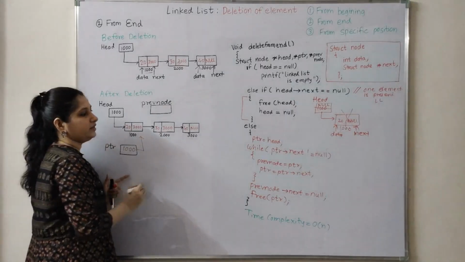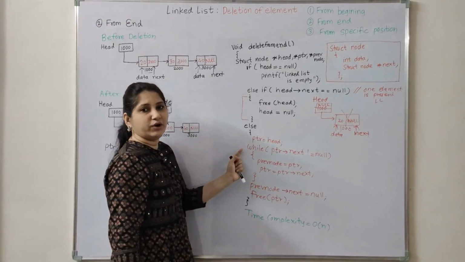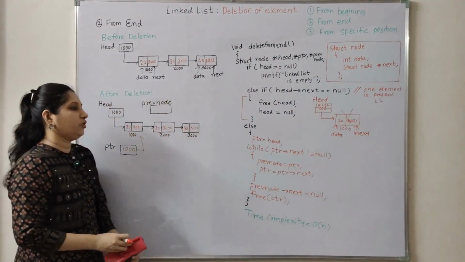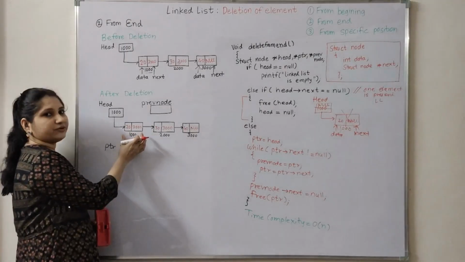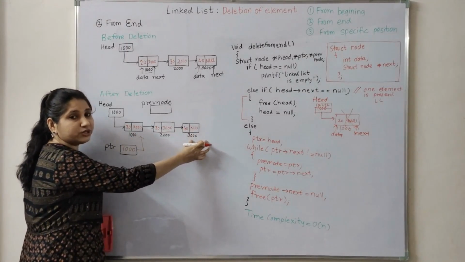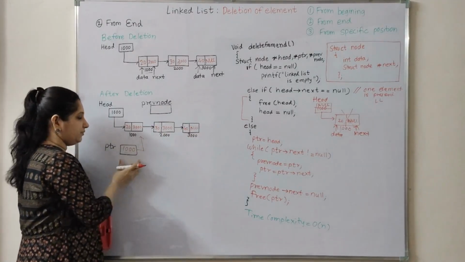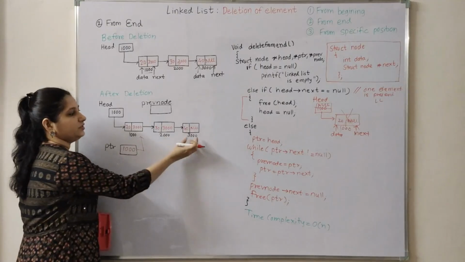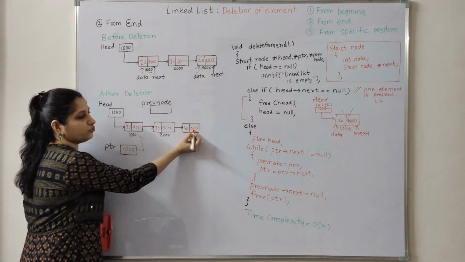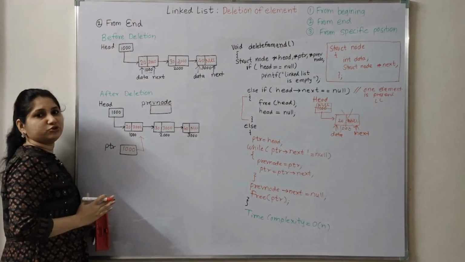After that we check while pointer of next is not equal to NULL. What do we have to do? We have to traverse the pointer from one node to the next node. Once we reach the last node, the next part will be NULL, and in that case we stop the execution of the while loop.